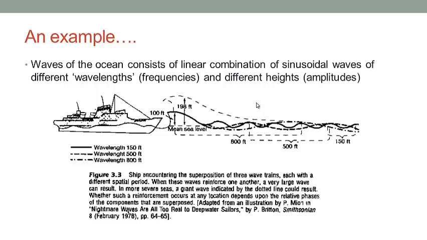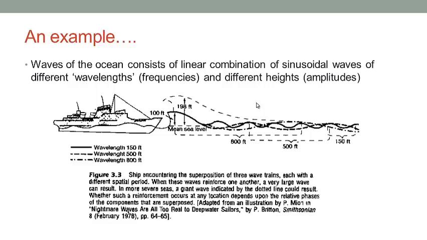The one which comes to the shore will be a linear combination of sinusoids of different frequencies, that is different wavelengths, and different heights, that is different amplitudes. Here in the diagram you can see three sinusoidal waves of different wavelengths.